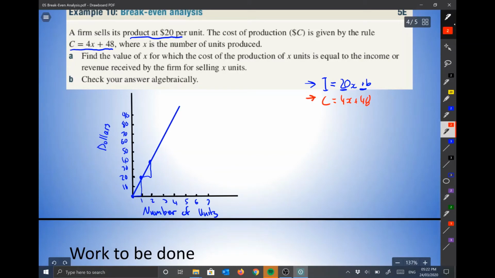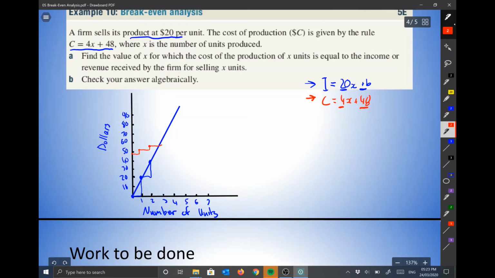Now we'll draw this line. This time we do have a y-intercept at 48. This time our gradient is only 4, so every time we go across, we're only going up by 4. Across 1, up by 4.